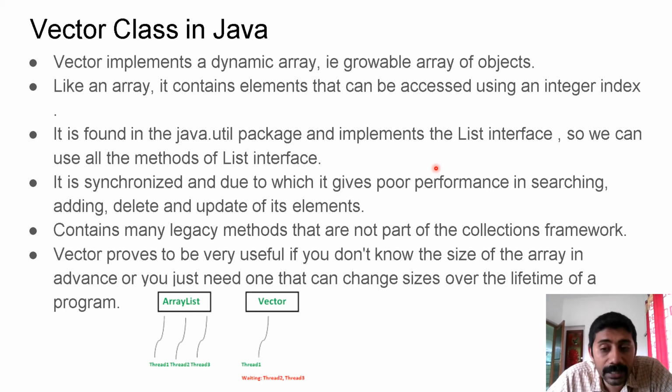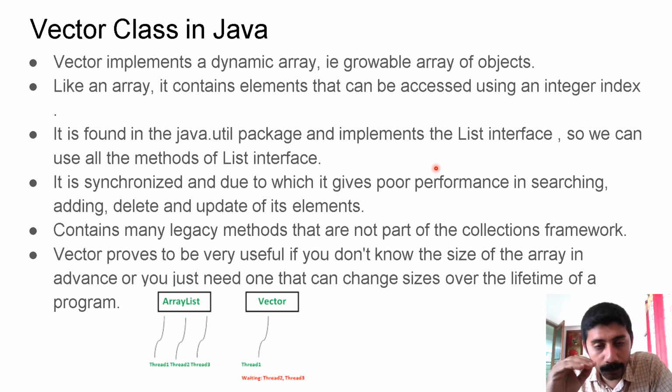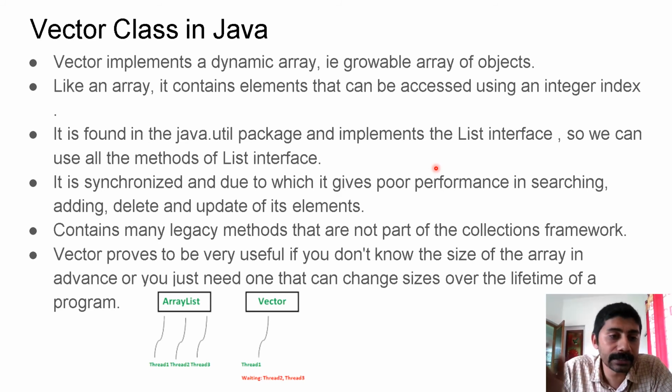That means its size can be changed after the creation. Like an array, it contains elements that can be accessed using an integer index. So it is similar to an array, but the important change is that it is growable. Its size can be dynamically adjusted.